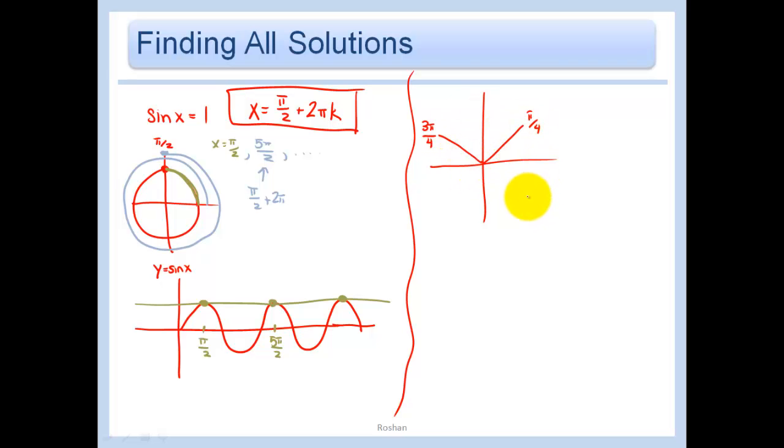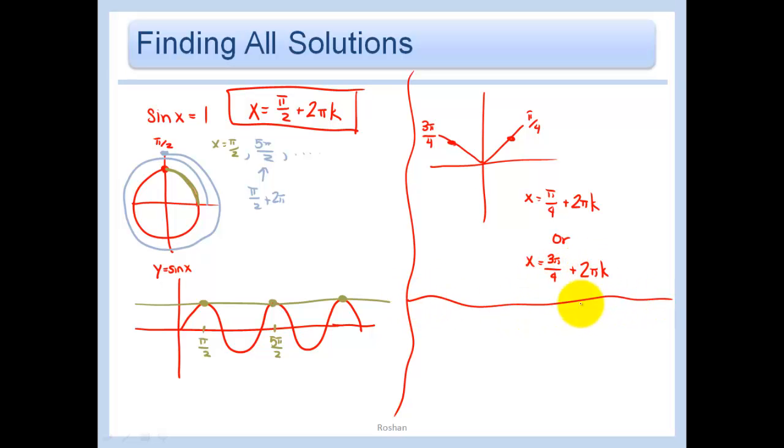Well, we have pi over 4 plus 2 pi k, okay, because we want to do pi over 4, then we want to do 1 time around that lands over there, and then we want to do 2 times around that lands over there again, and 3 times around that lies there again. Remember, the 2 pi just means go around the circle once more, revolve once more around. Or over here, which is x equals 3 pi over 4 plus 2 pi k.